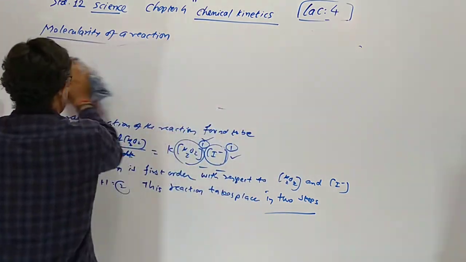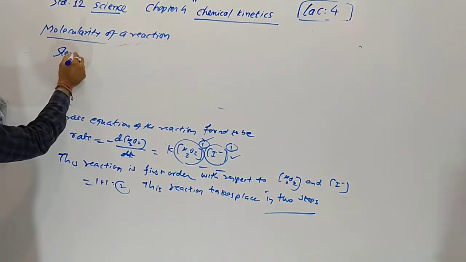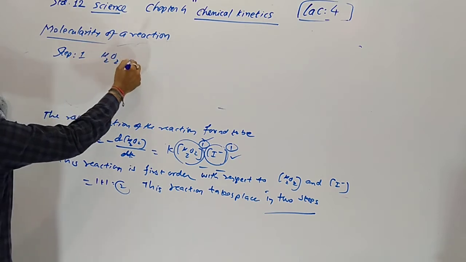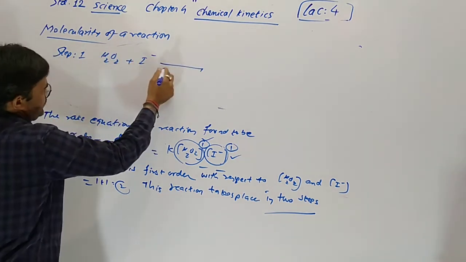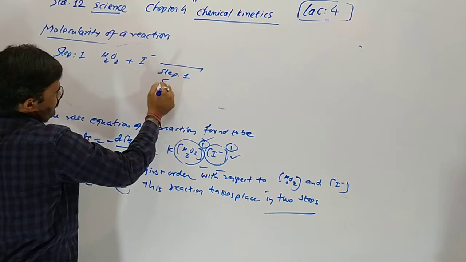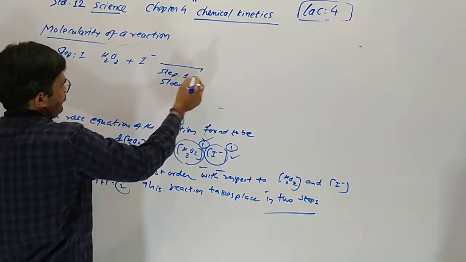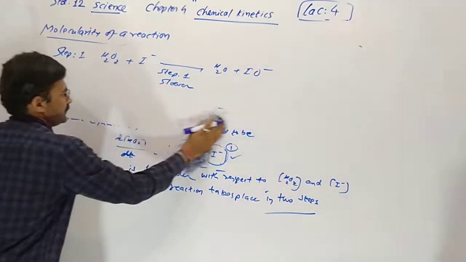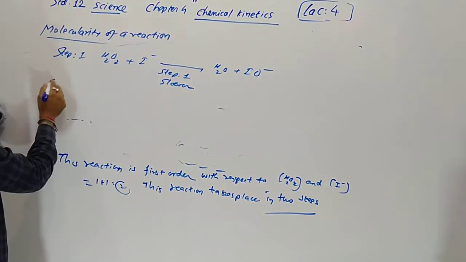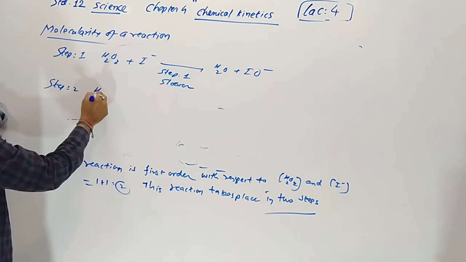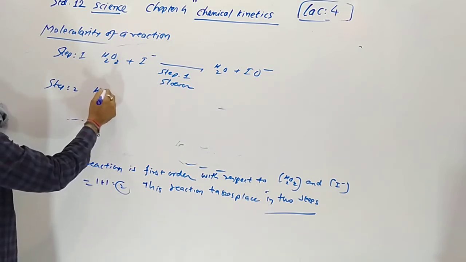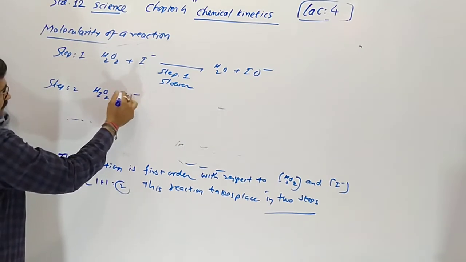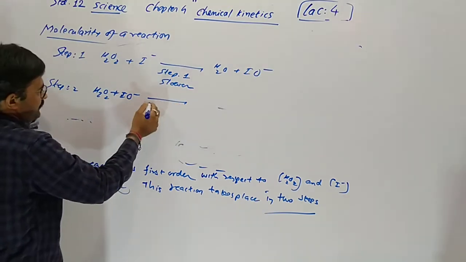Now, first step: H2O2 collides with I minus. Step 1 is slow. It gives H2O plus IO minus. In the second step, H2O2 plus IO minus, this one is an intermediate.